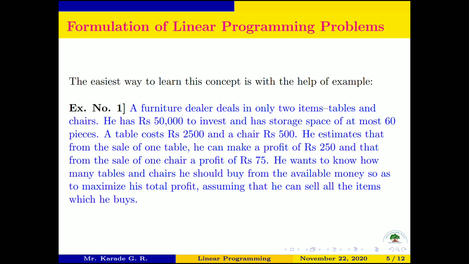So for this problem, we have to write a mathematical model. Here a dealer deals with only two items, tables and chairs, and he wants to purchase tables and chairs. For that he has only 50,000 rupees.